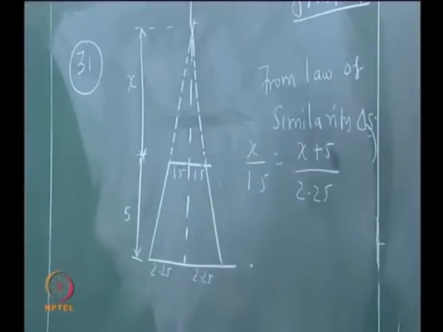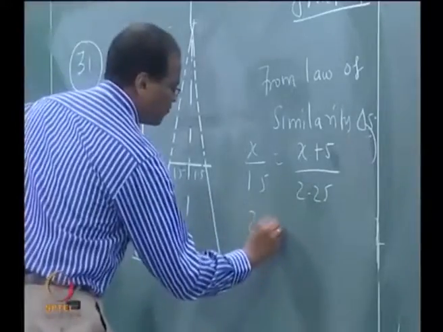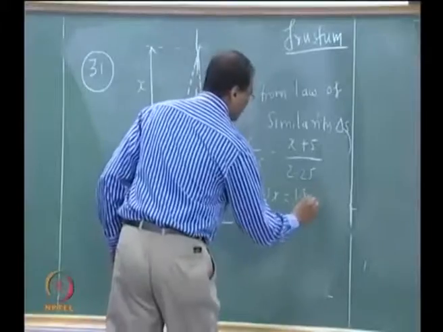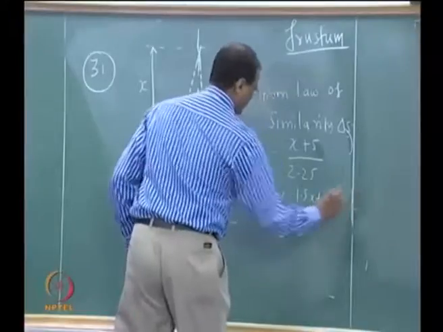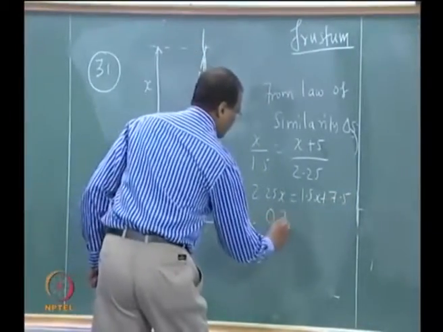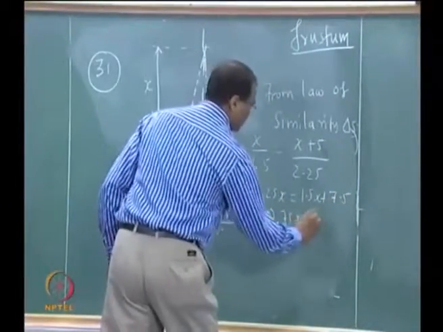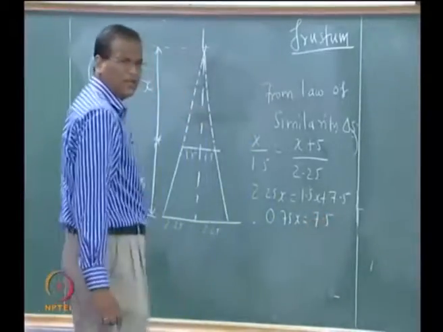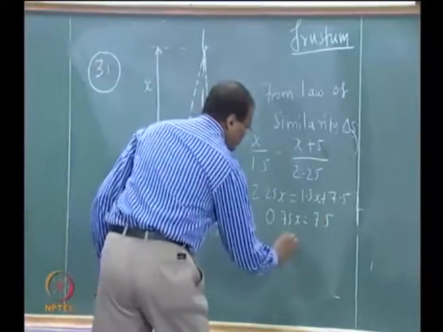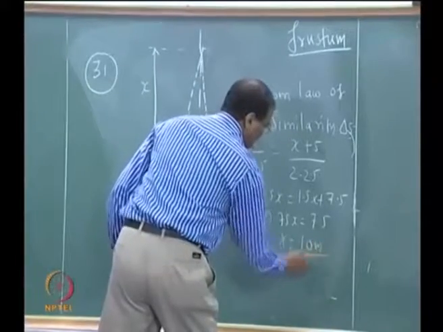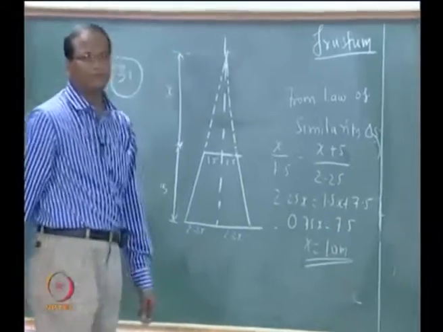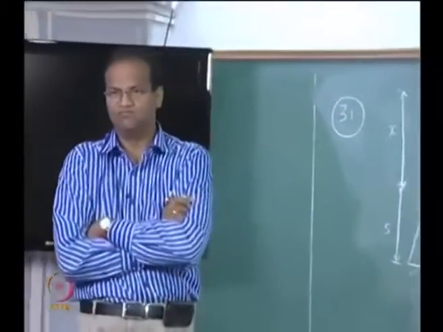Now, so 2.25x... x equal to 10. x equal to 10 meters.